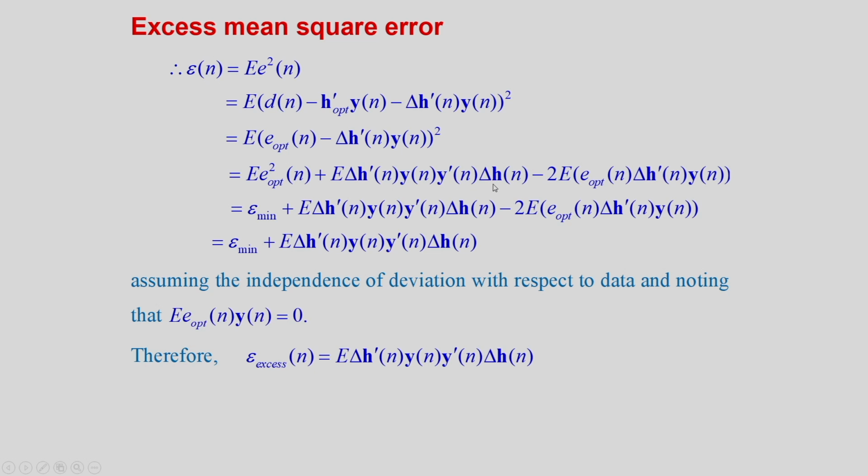So, this square term will come like this, minus the cross terms, that is twice E of e opt n into delta H transpose n into yn.